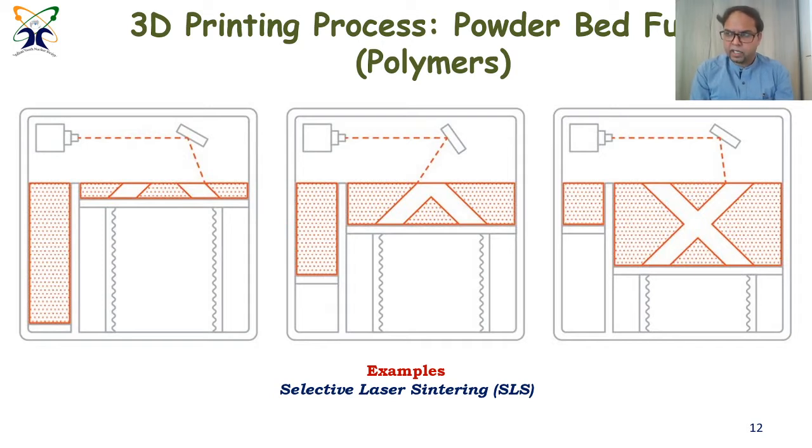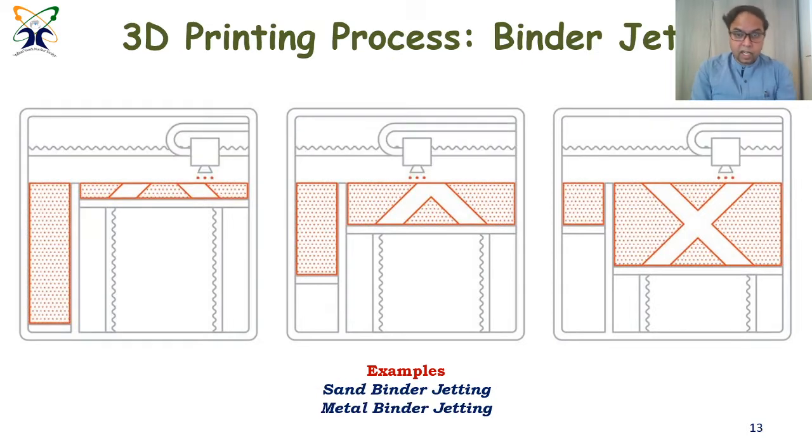A very common example these days you will find is low melting metals like stainless steel, bronze, or silica casting you do sometimes, and also some aluminum you do using this sort of technique. Binder jetting is another example where you use a liquid bonding agent selectively to bind the regions of the powder bed.